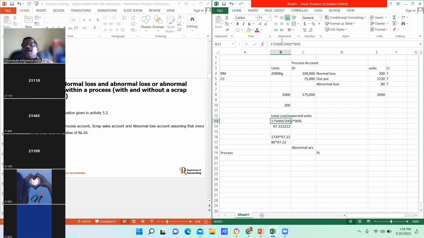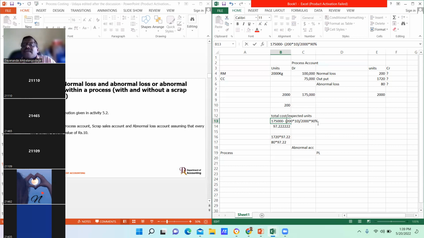But remember, since we have a scrap value, we have to reduce the scrap value from the cost incurred. How much is the scrap value? 200 into 10, that we are deducting. Are you clear? Hope you are clear what I'm telling.